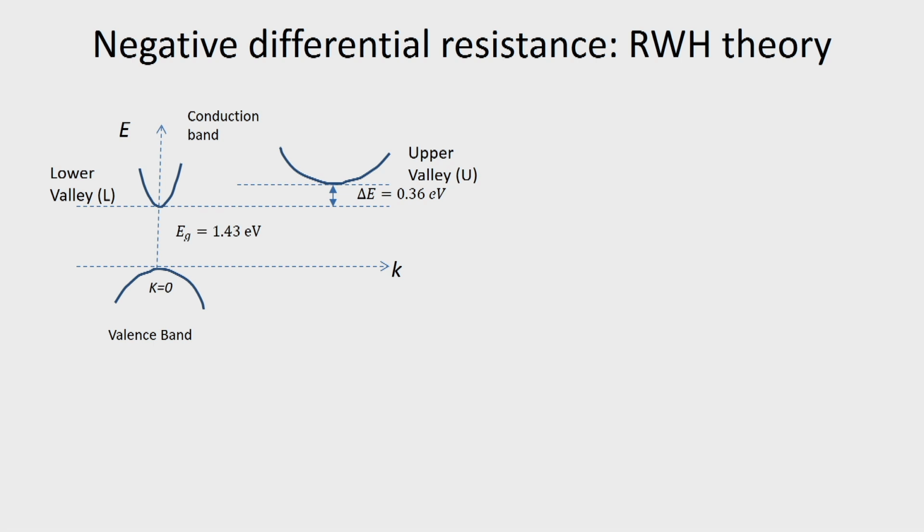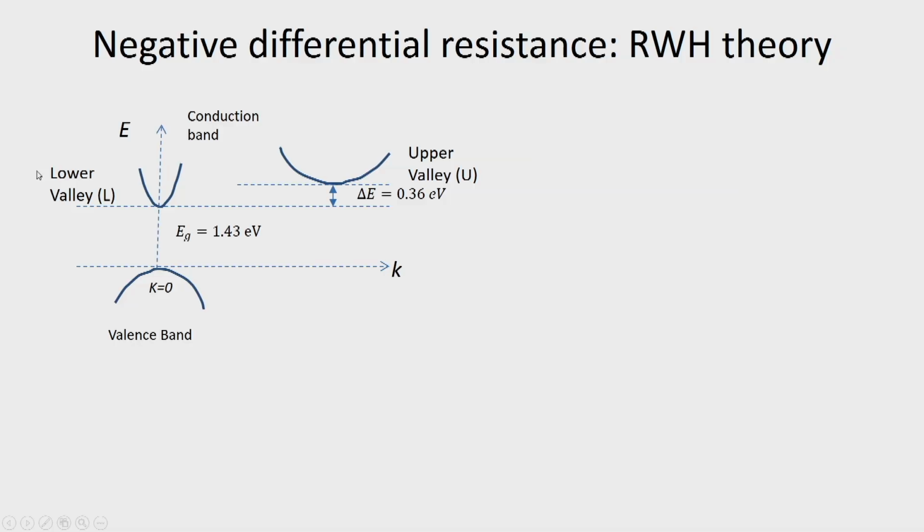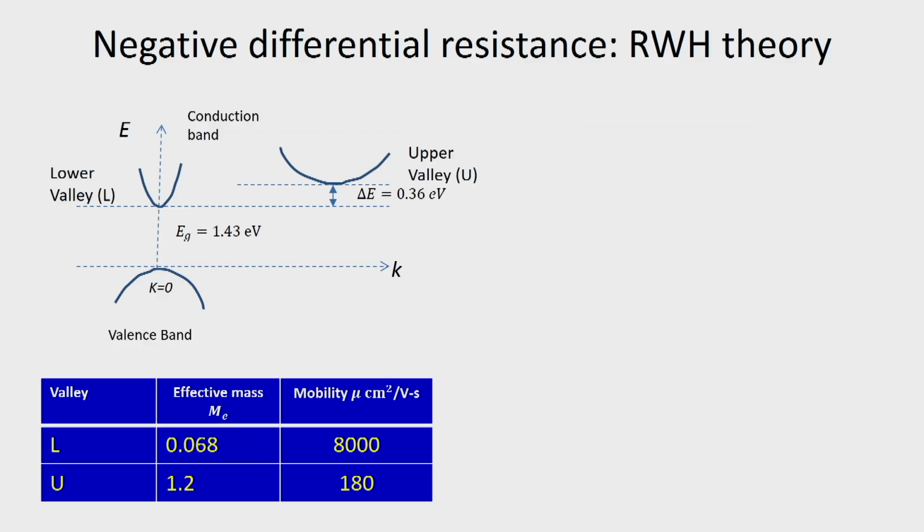So, to have negative differential resistance, we should have at least two such valleys. In these valleys, the electron effective mass and the mobility are different.